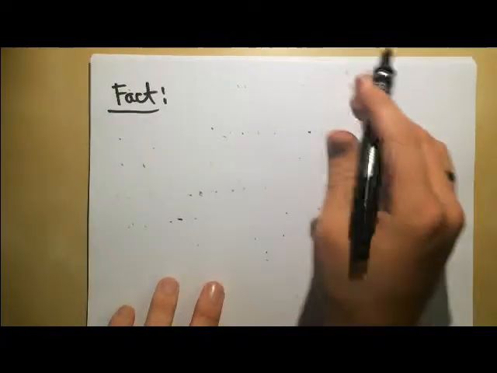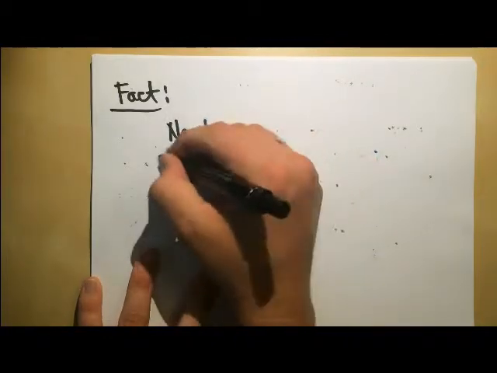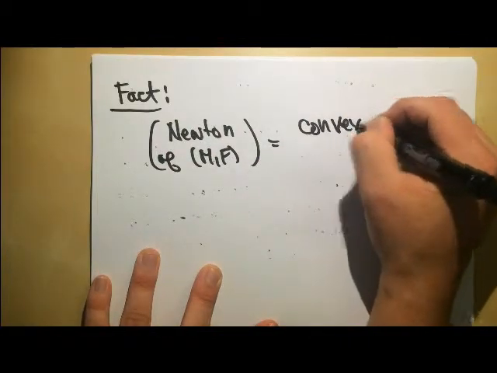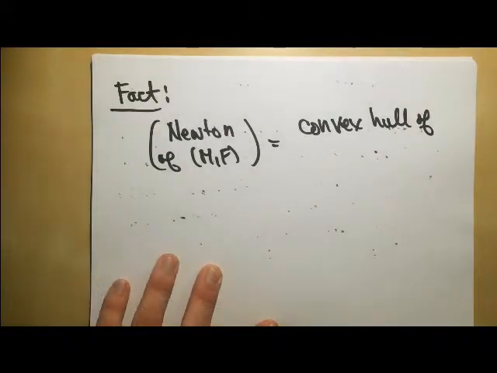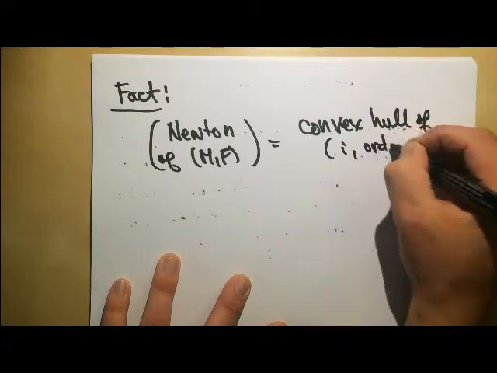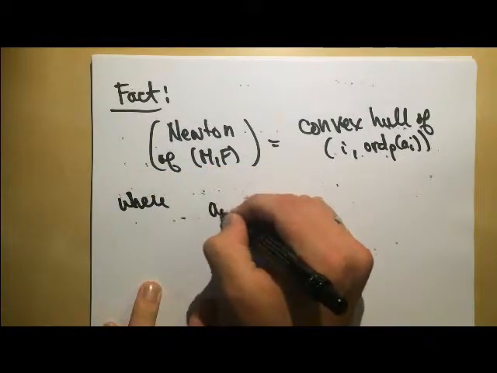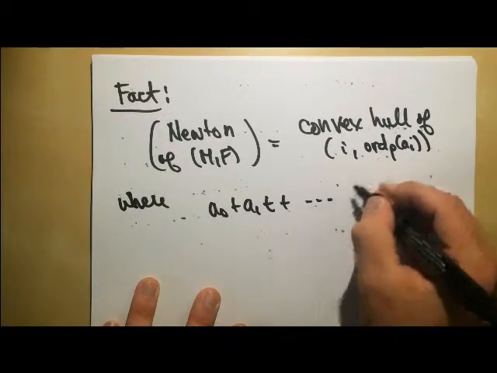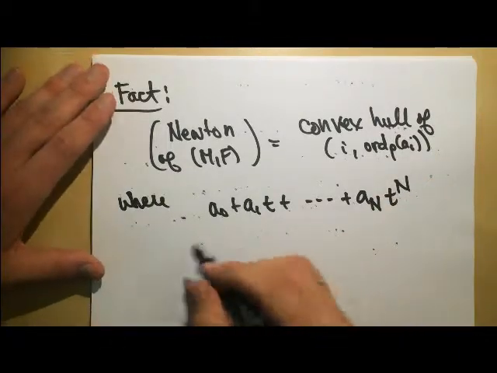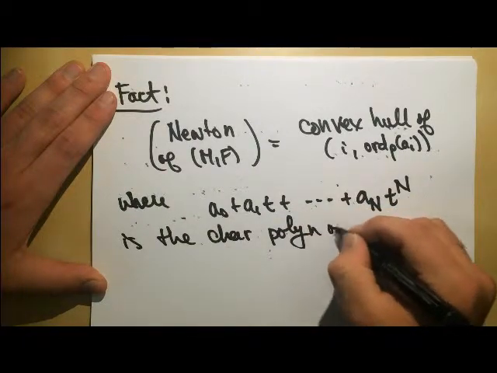The Newton polygon of a crystal is the same thing as the convex hull of these collections of (i, the p-order of a_i), where a_0 + a_1 t + ... + a_n t^n is the characteristic polynomial of f.